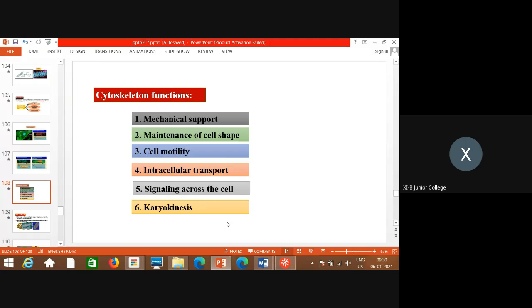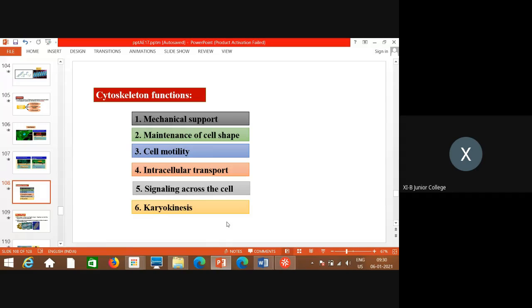Then with the help of filaments, the cell can show motility. Intracellular transport is also done within the cell. Between the organelles in the cell, the transportation of substances is done with the help of these different types of cytoskeleton filaments.